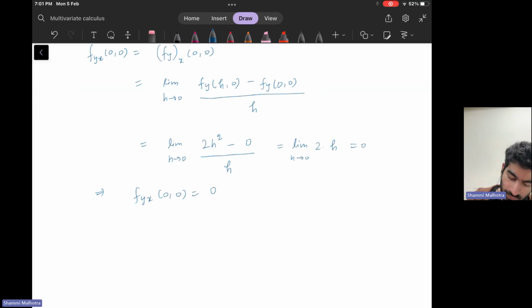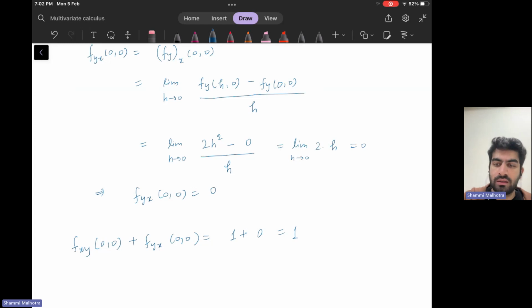So what do I have to find? I have to find the value of fxy at 0, 0 plus fyx at 0, 0, and I have to add these values. It is 1 plus 0. So this will be 1 only. Okay, so that's how you calculate the partial derivatives.